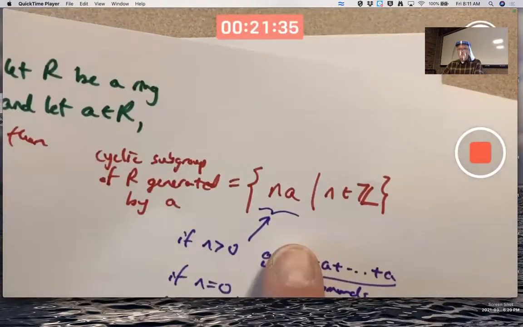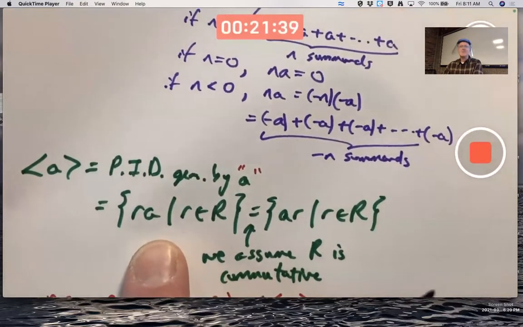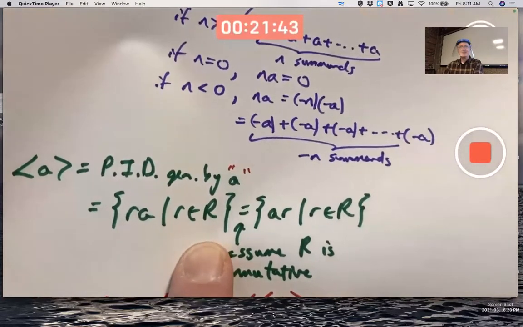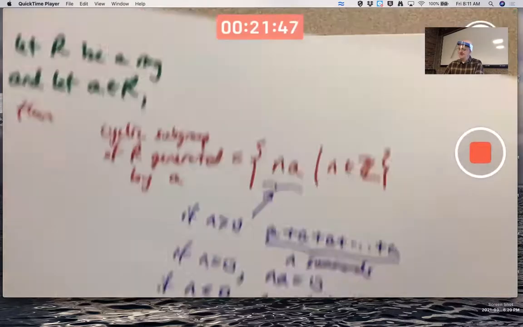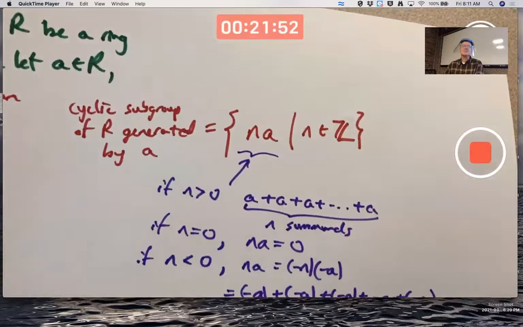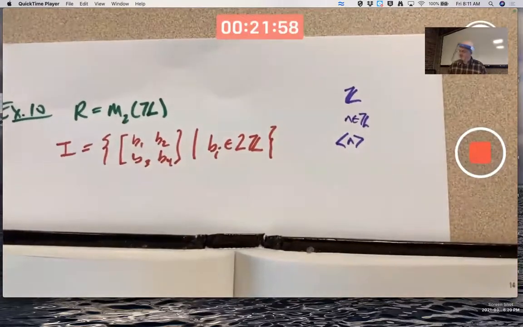When you compare this set with this set, when the ring is Z, the ring multiplication in Z is the same as this kind of multiplication in general. So I forgot to mention that. I'll probably re-emphasize it at some point.